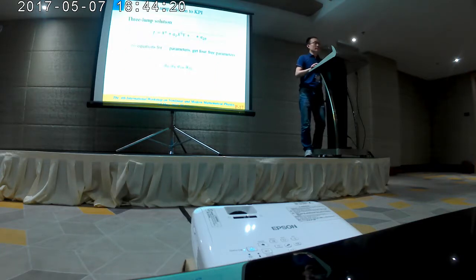In the same way, we can get the three-lump solutions. Take f as a 6-degree polynomial of x and y with undetermined parameters A2 to A28. The substitution yields 66 equations for 27 parameters, and solving the equations, we get 4 free parameters.